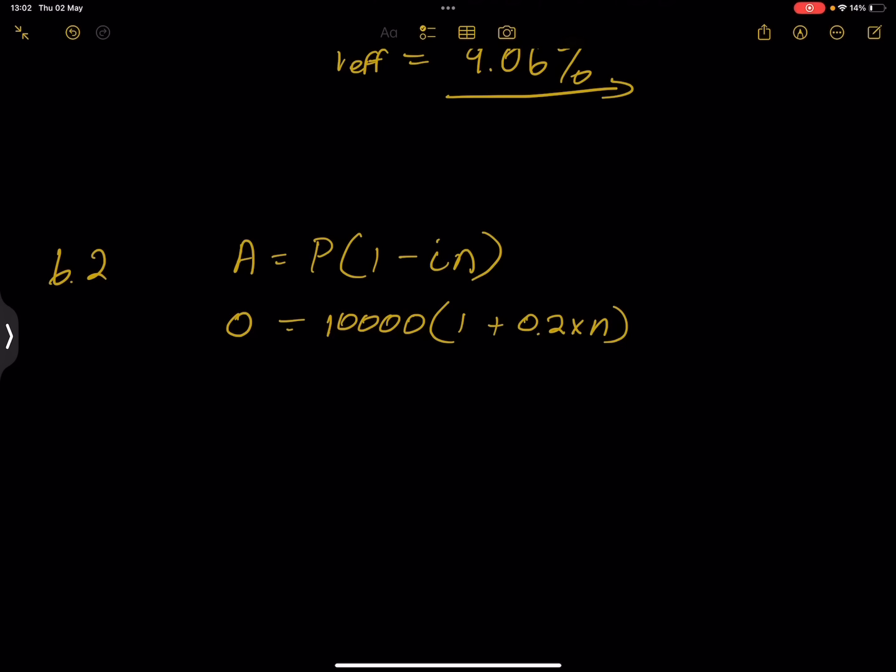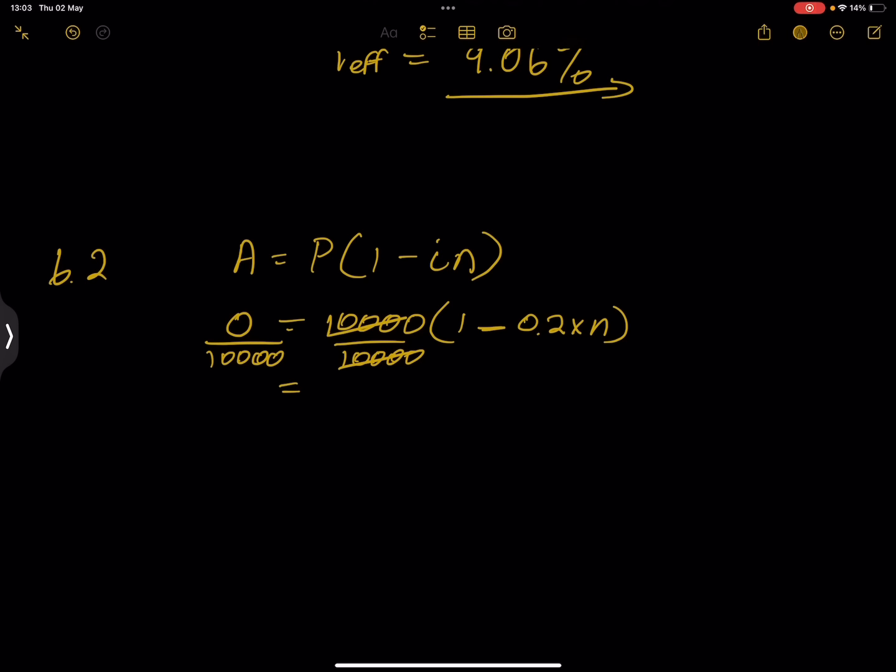Okay, so what are we effectively going to have? If we divide by 10,000, 0 divided by anything still becomes 0. And so what we've got, sorry, this was supposed to be minus.